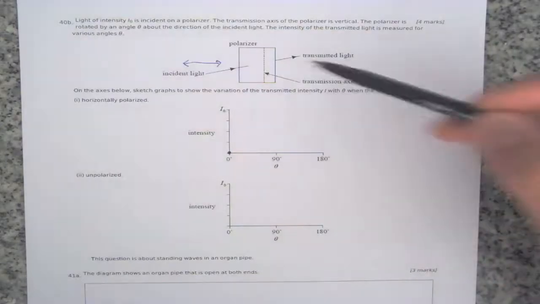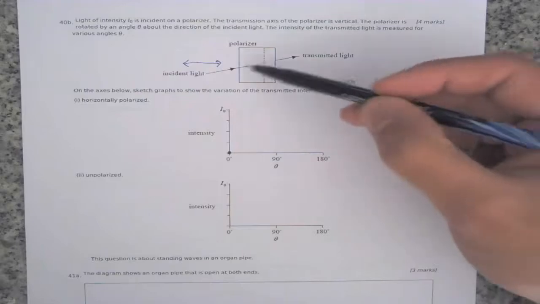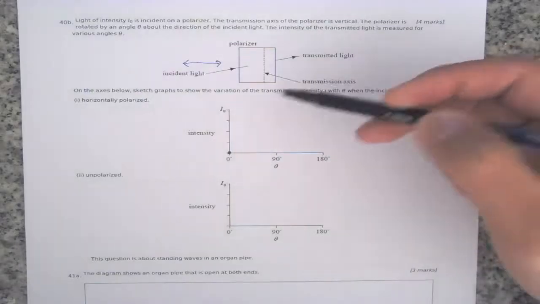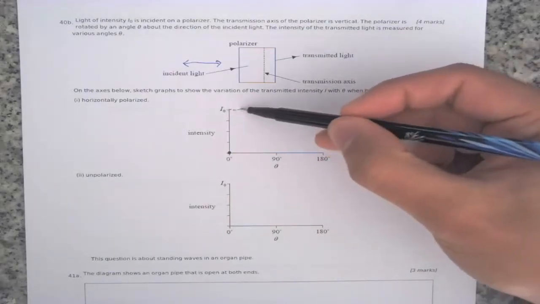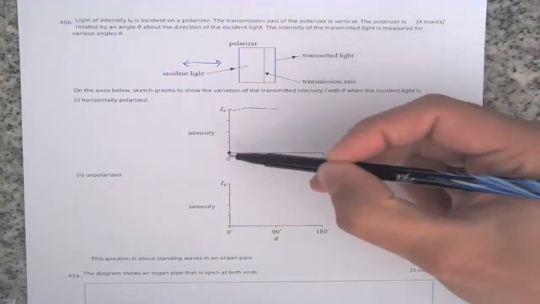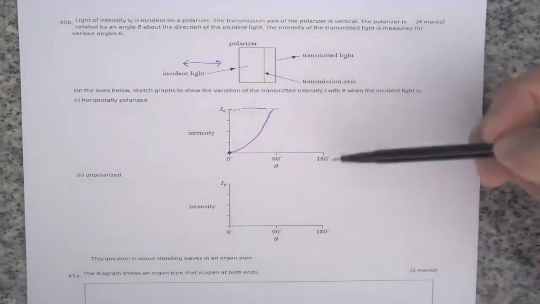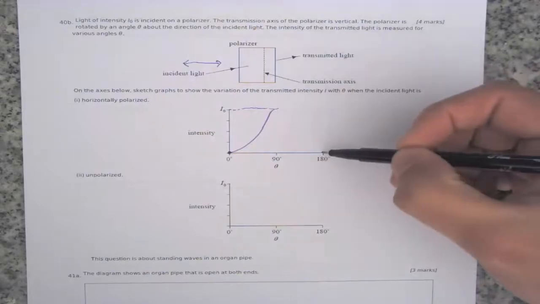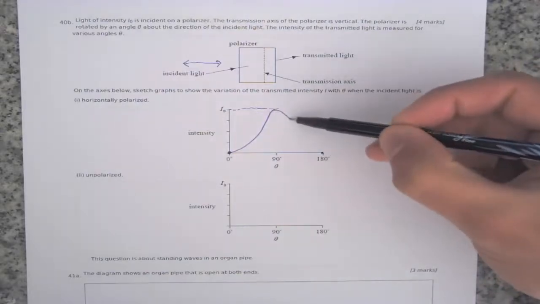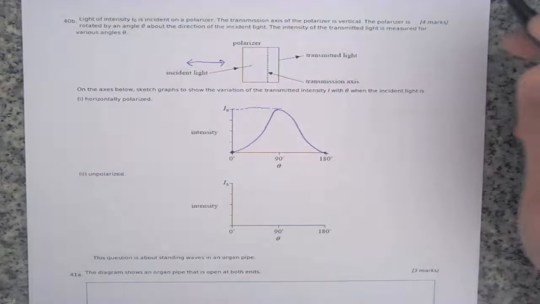When you have the rotation to 90 degrees, that is going to give you a horizontal axis of polarization, of course you are going to have maximum intensity at this point. So it goes all the way up, and then of course when you have 180 degrees, again your intensity is going to be 0. So it goes all the way down like so.